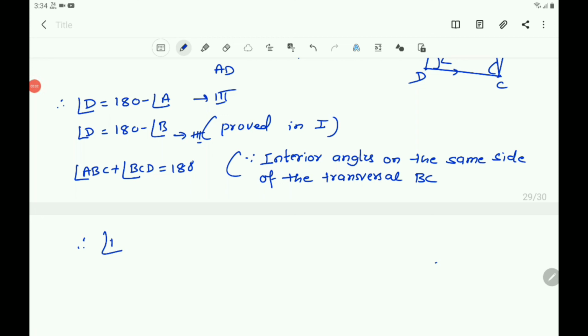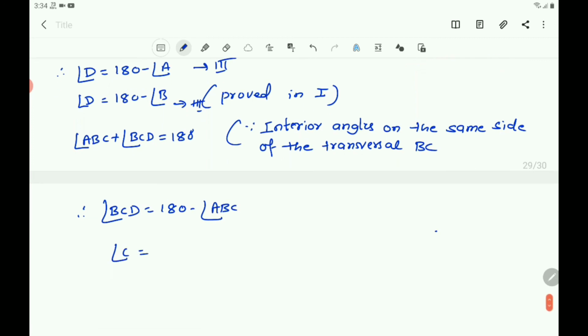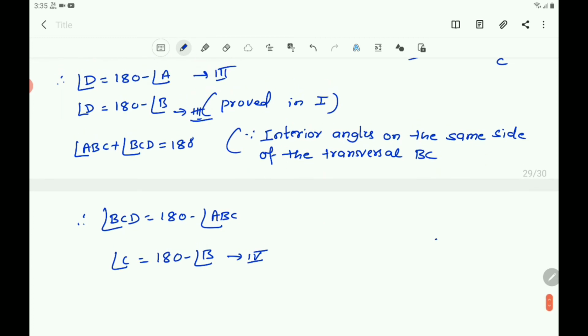Therefore, angle BCD equals 180 minus angle ABC. That is nothing but angle C equals 180 minus angle B. In the third, you got angle D equals 180 minus angle B, and in the fourth, you got angle C equals 180 minus angle B.